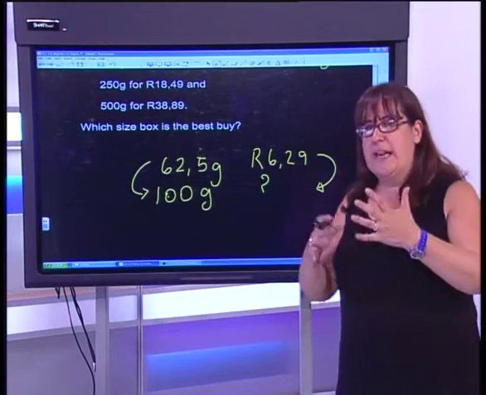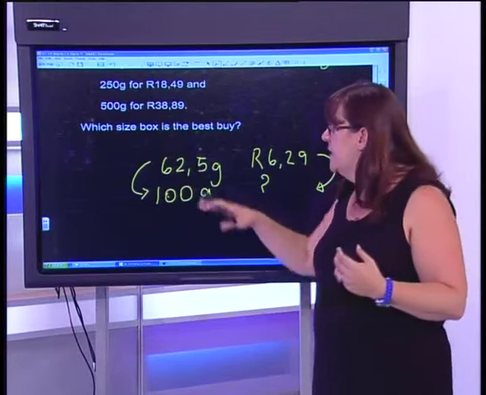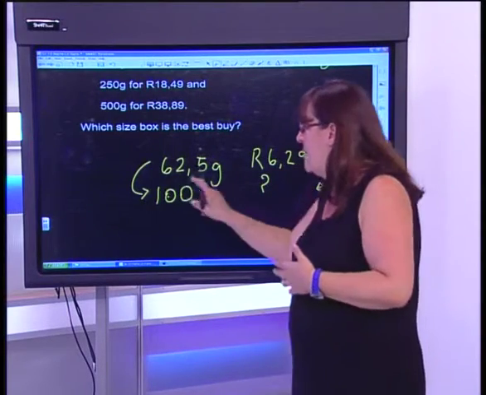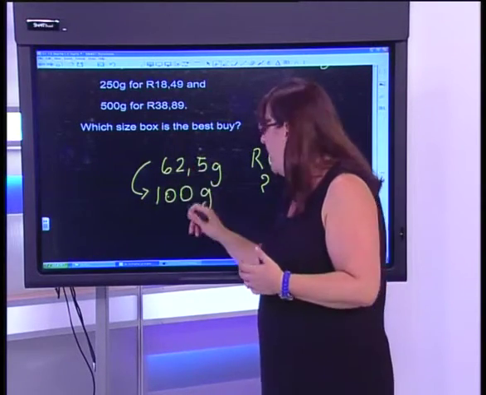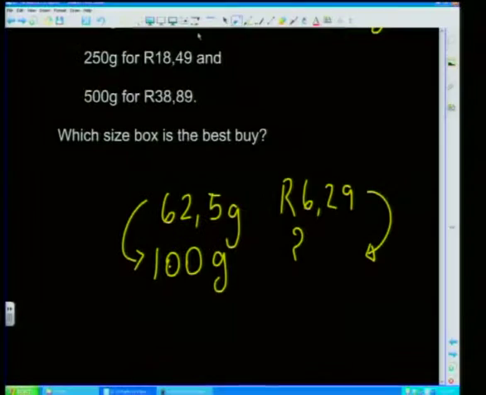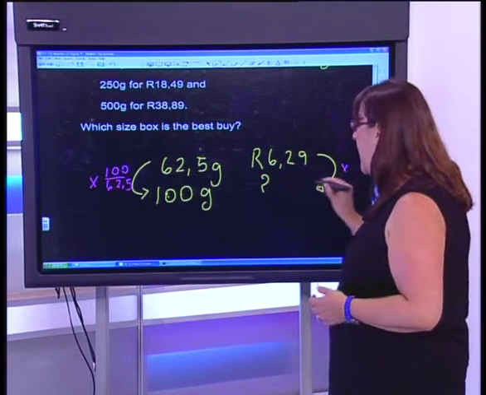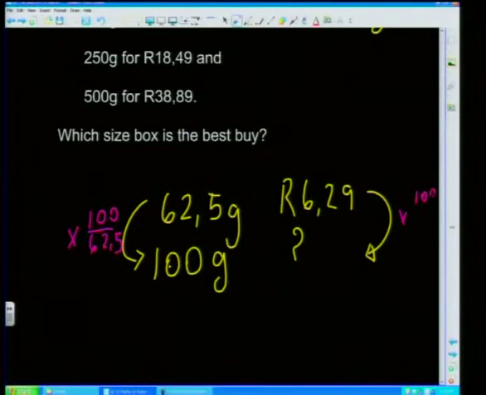Earlier we were dealing with easy numbers of 18 and 36, but now these are a little bit harder numbers. So I'm going to do the reverse. Remember I said to you, you could take your 36 and divide by 18. Well, let's do that. So we're going to times here by 100 over 62.5. And what we do to the one side, we do to the other. So times here by 100 and over 62.5.